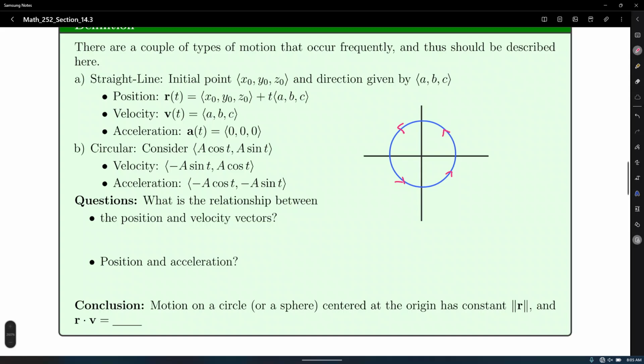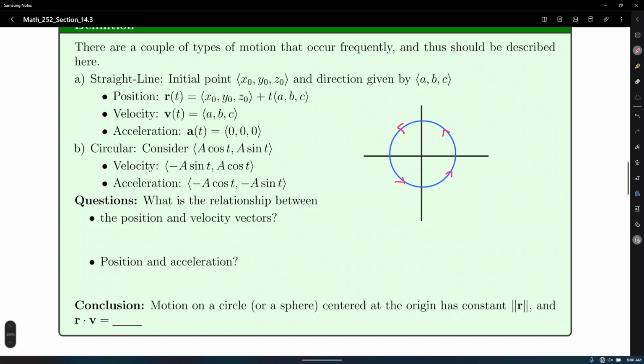So, a cosine t, a sine t. This a is going to represent the radius of the circle we're having a particle traveling along. So it could be a unit circle, a equals 1. Could be any radius, 5, 7, 9, your favorite number. So let's have a look at the derivative.